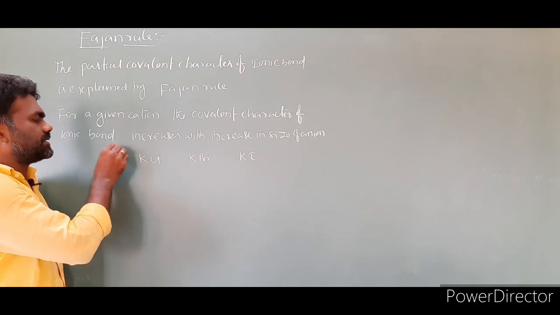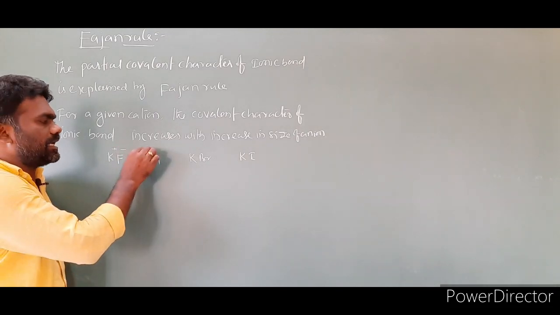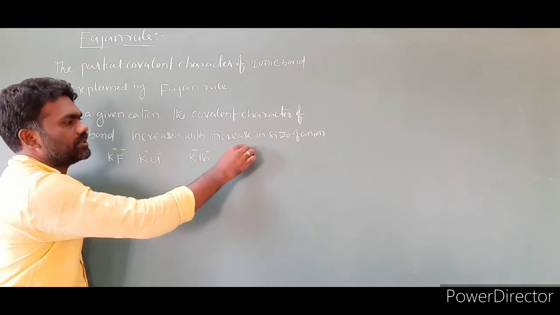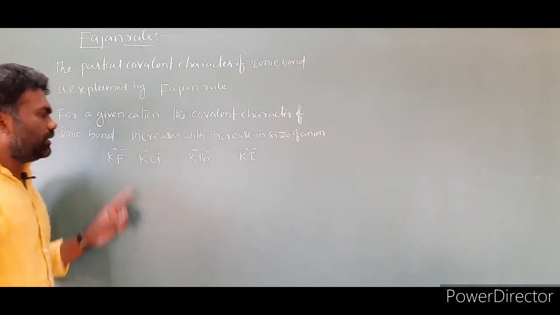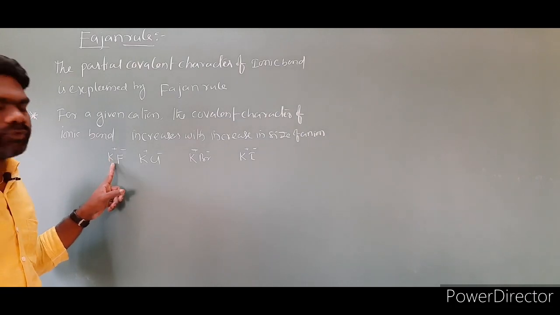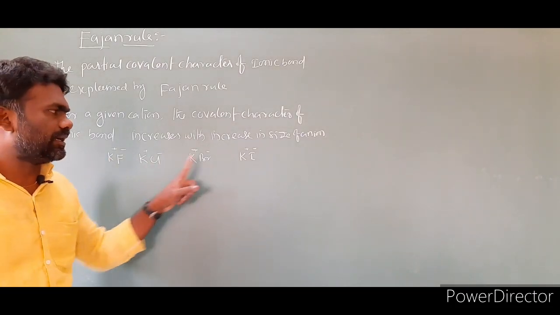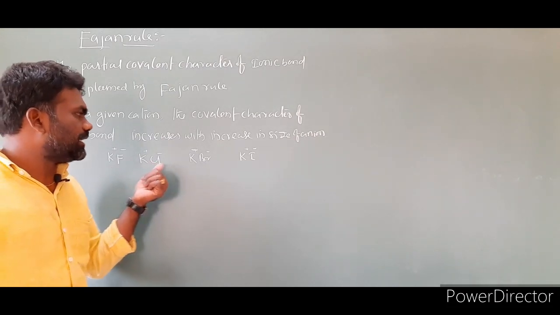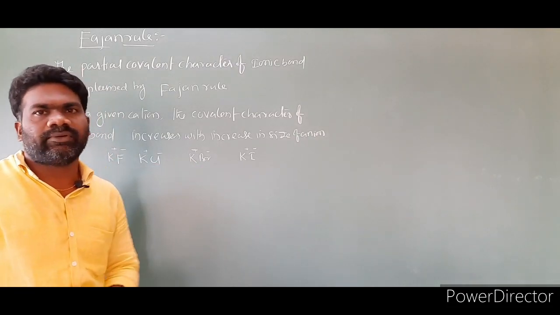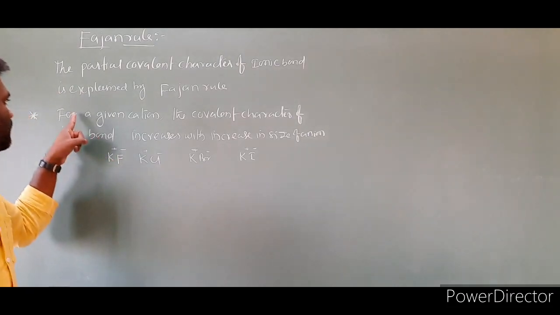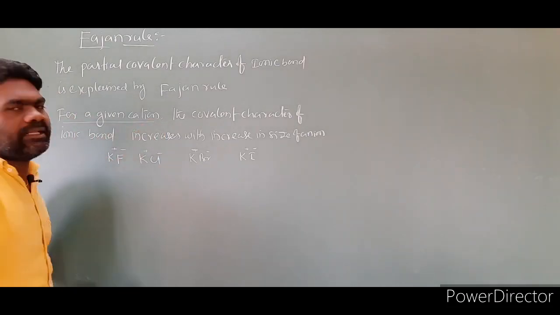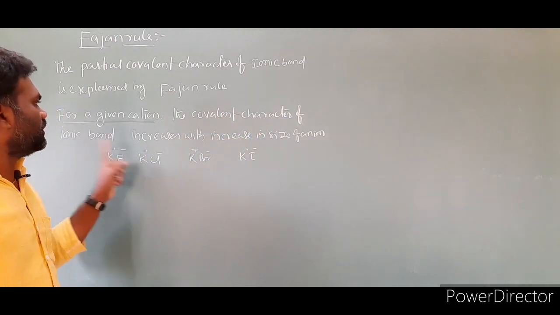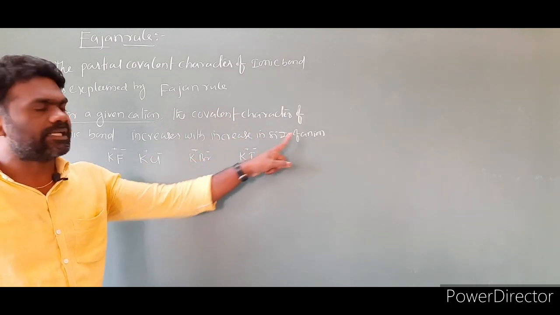This is K+ F-, K+ Cl-, K+ Br-, K+ I-. In all the cases the cation, the positive ion, is common. What is the difference? F-, Cl-, Br-, I-. They have different anions. So for a given cation, the covalent character of ionic bond increases with increase in the size of anion.